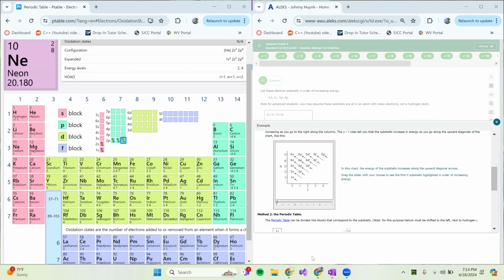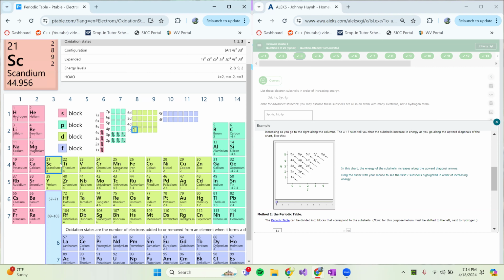Another way to look at it is through the periodic table. As you go along the periodic table, you see that we're filling up those suborbitals. You can go from 3p here to 4s, and then here you go to 3d.